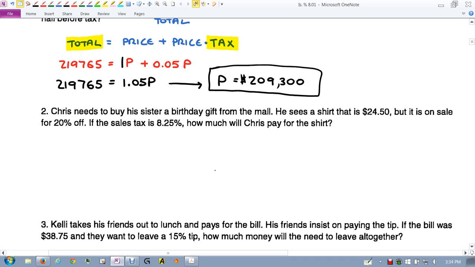So the shirt's normally $24.50, but today and only today it's 20% off. Okay, let's look at the, I'll call it, new price. How do we get the new price?